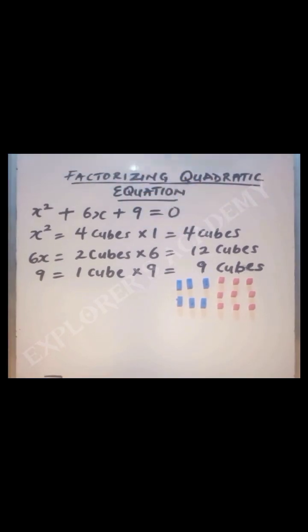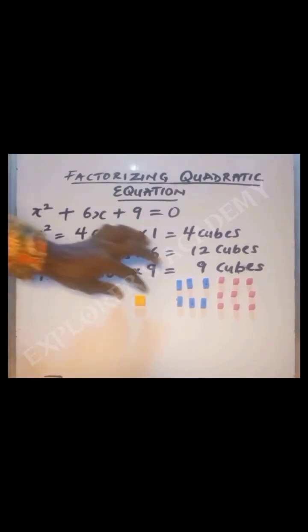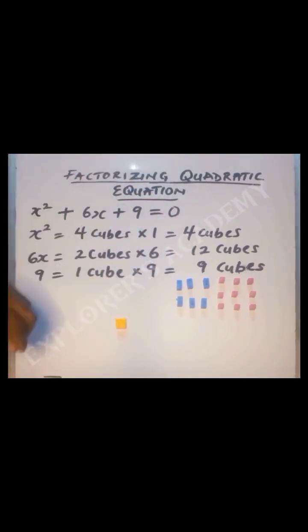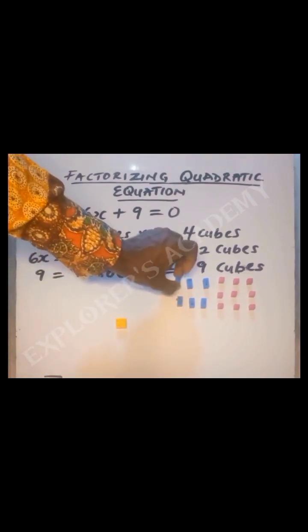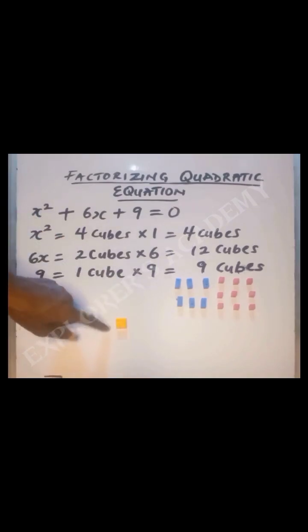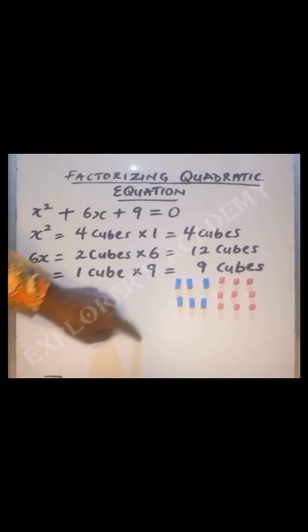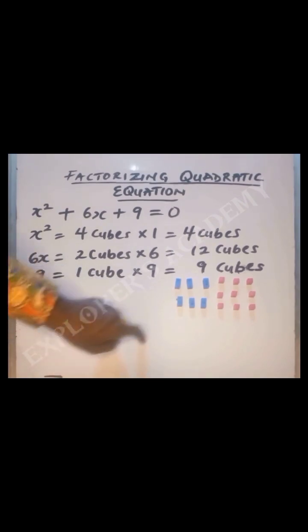So now we begin our calculation. I am picking the x power 2 first, and I'm going to use the 6x, that is the cubes, two cubes up to 6, to wrap around this x squared. But I'm not going to cover every aspect of the x squared totally.